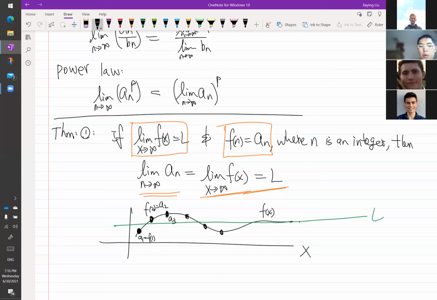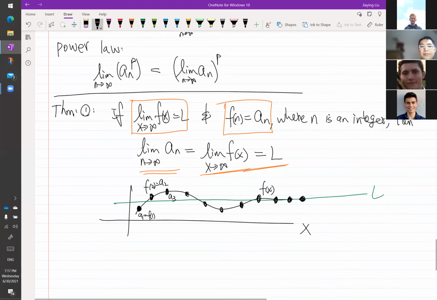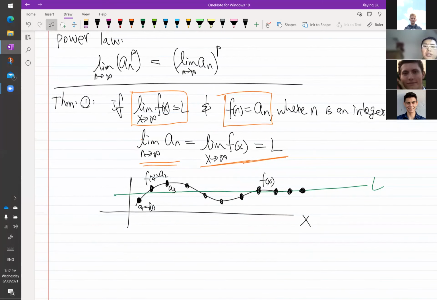So whenever x is an integer, the y value is the same thing as the value in the sequence, a_1, a_2, and so on, right? Then that sequence will have the same limit as the function, both limits equal to L. That's what this theorem says. This is useful. I'm going to show you an example later.